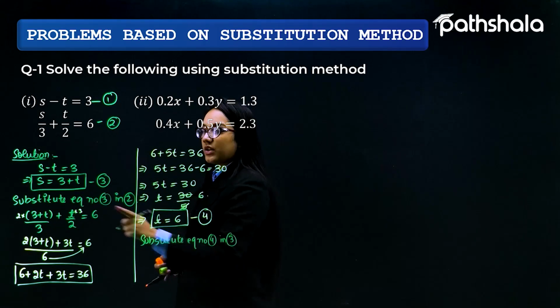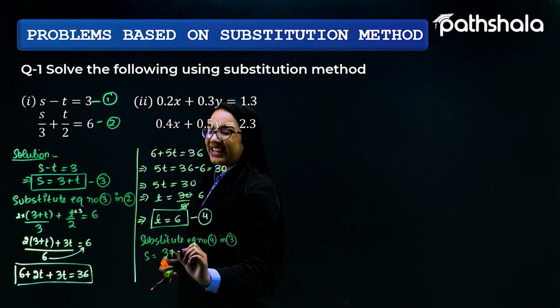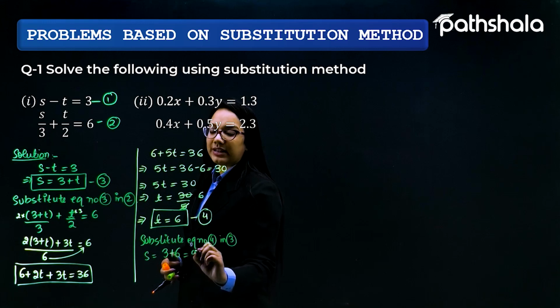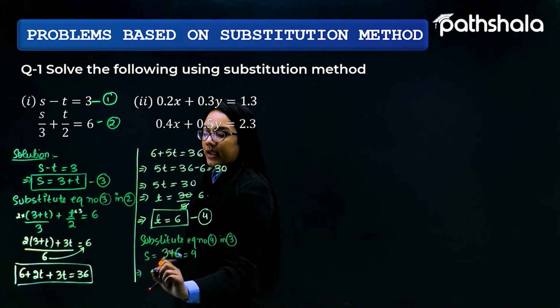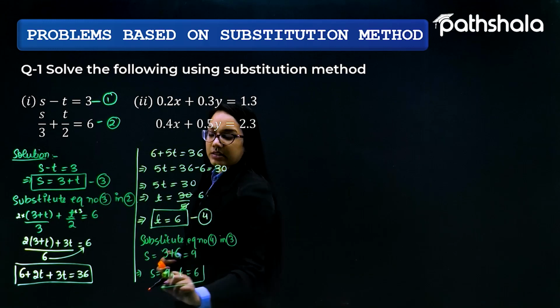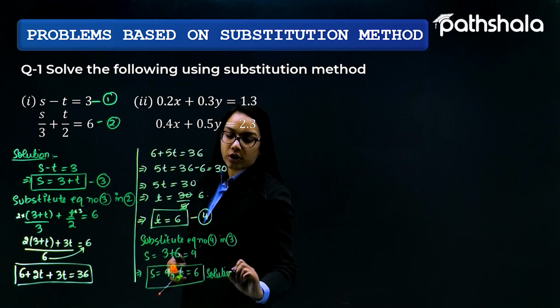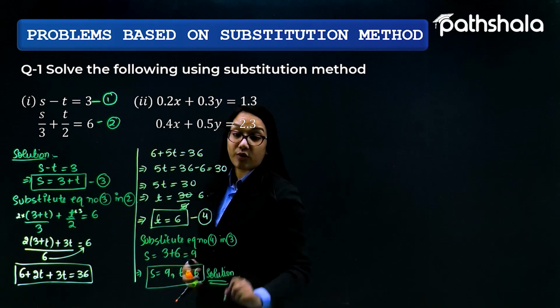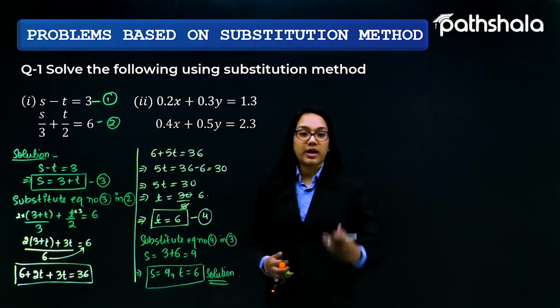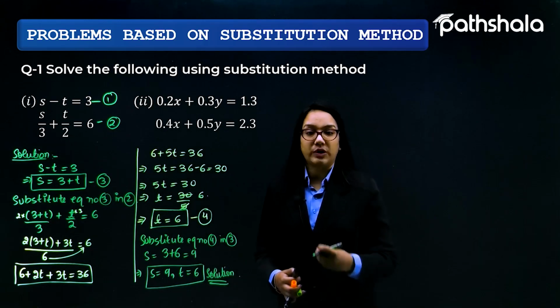If I take t is equal to 6 here, then s is 3 plus 6, which is 9. So at the end, s is equal to 9 and t is equal to 6 is the solution for the very first pair of linear equations using the substitution method.